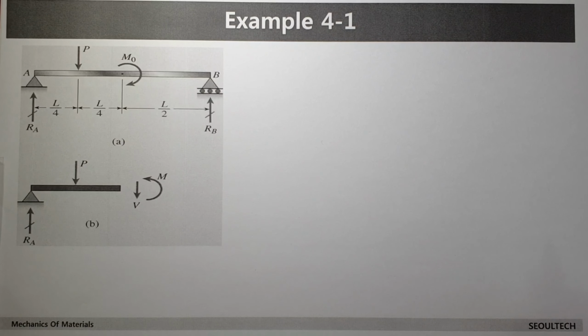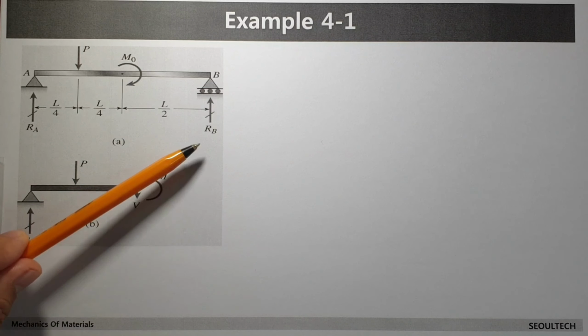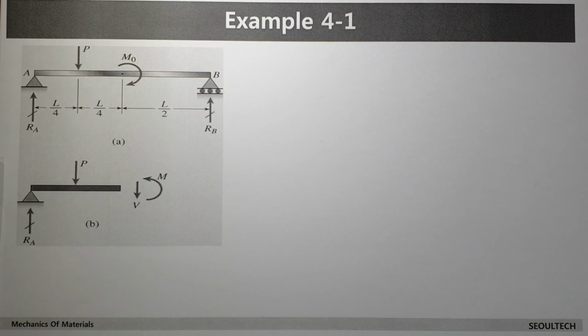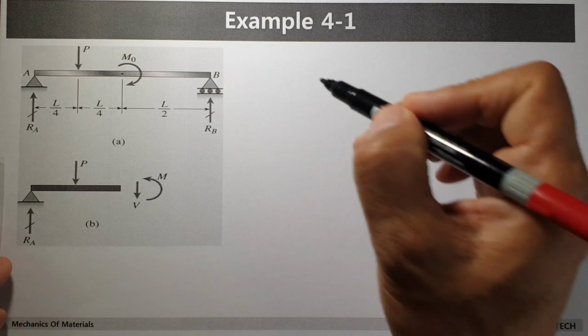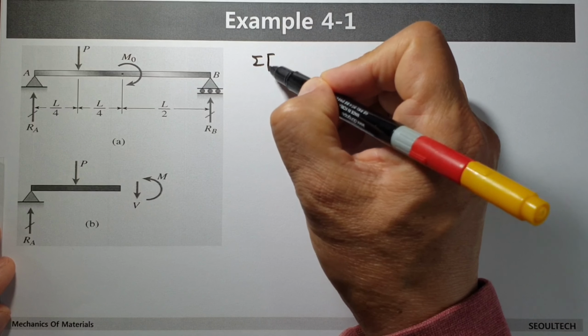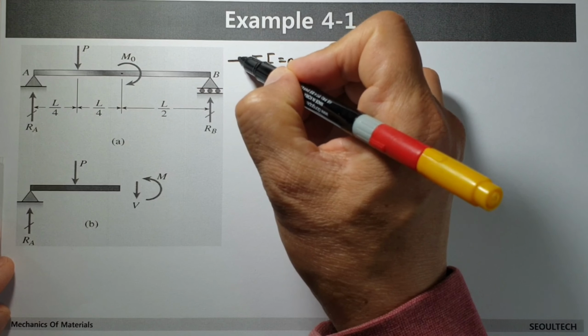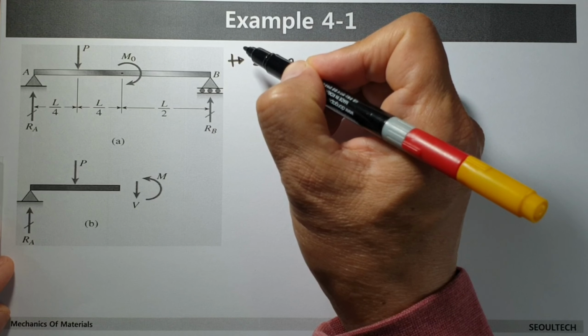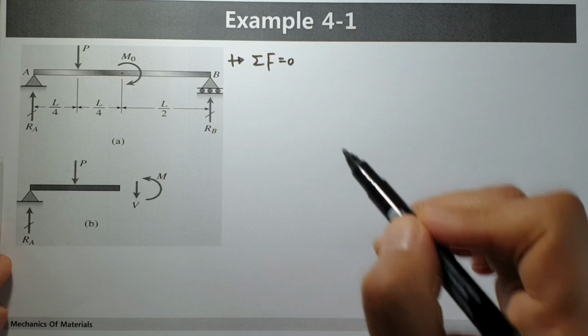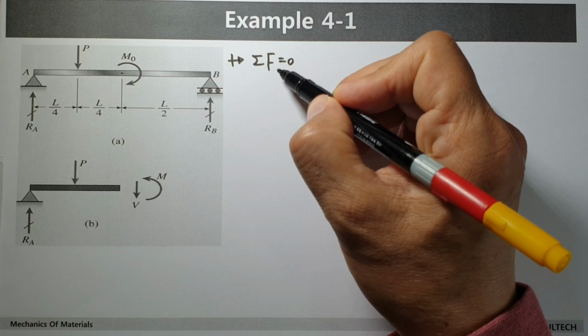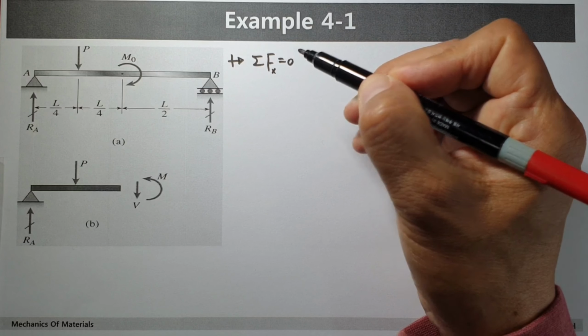At first, let's think about the RA and RB values. In order to find these, we can use force equilibrium, sigma F equals 0. Let's say this direction is positive. Then we do not have any forces in the x direction.